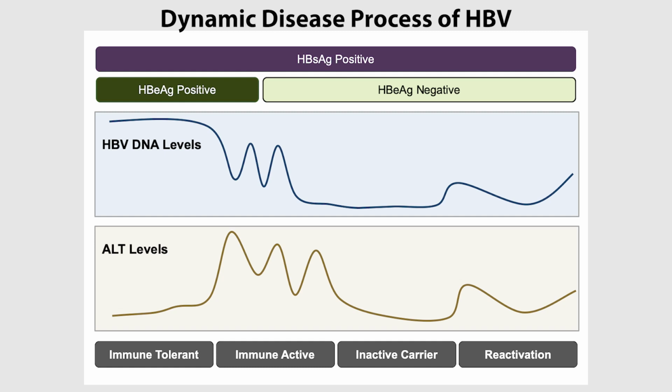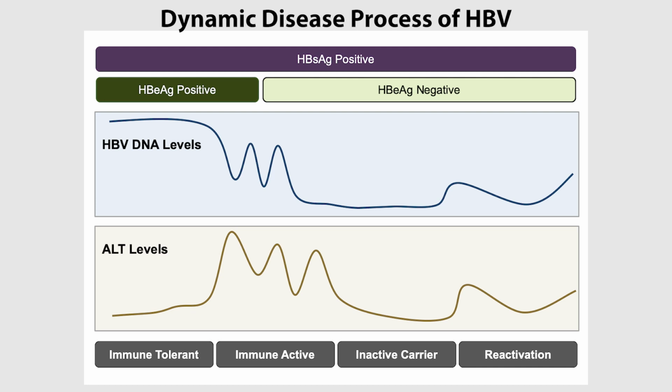They may have high levels of hepatitis B, and with those high levels, the liver may have a lot of response and damage, so there is this immune response and immune activation. But as the immune system kicks in, we may also see the disease get a little bit controlled.